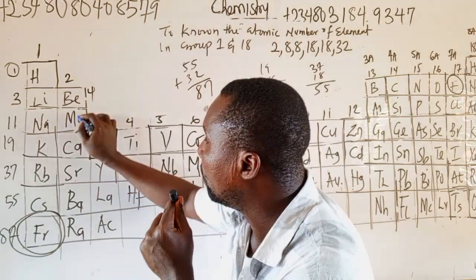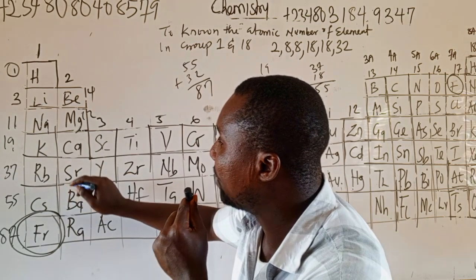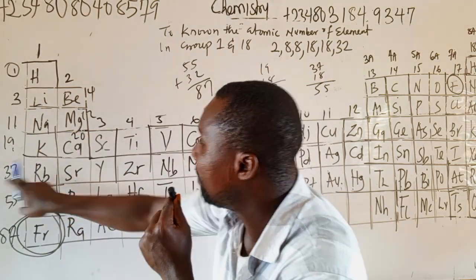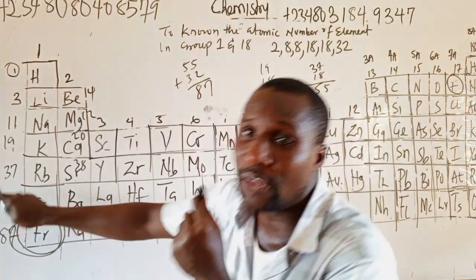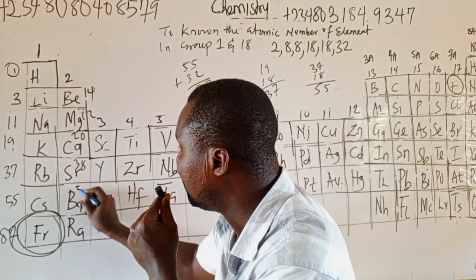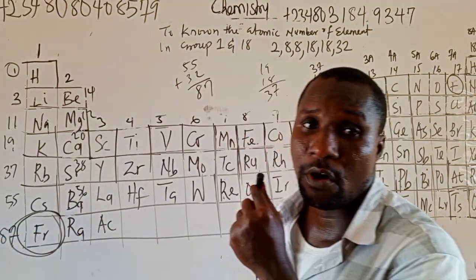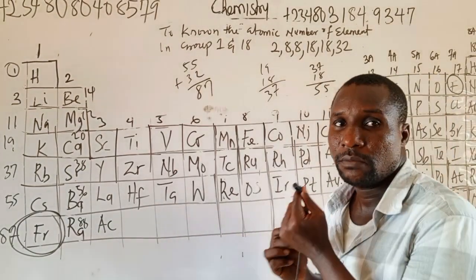Magnesium, add 1 to sodium, 12. Calcium, add 1 to potassium, 20. Strontium, add 1 to rubidium, 38. Barium, add 1 to caesium, 56. To get atomic number of radium, add 1 to atomic number of francium, that is 88. Take note of that.